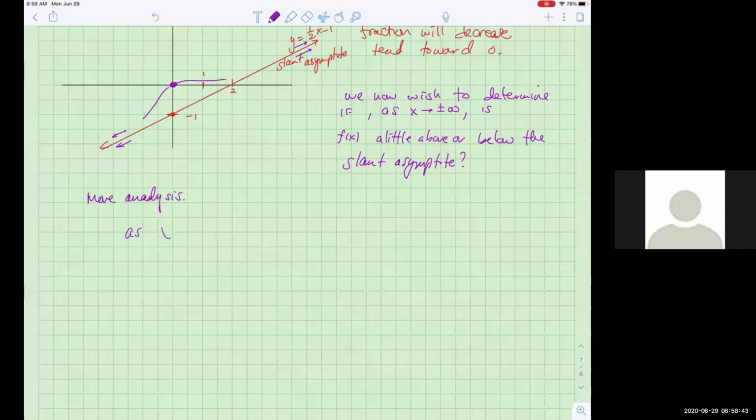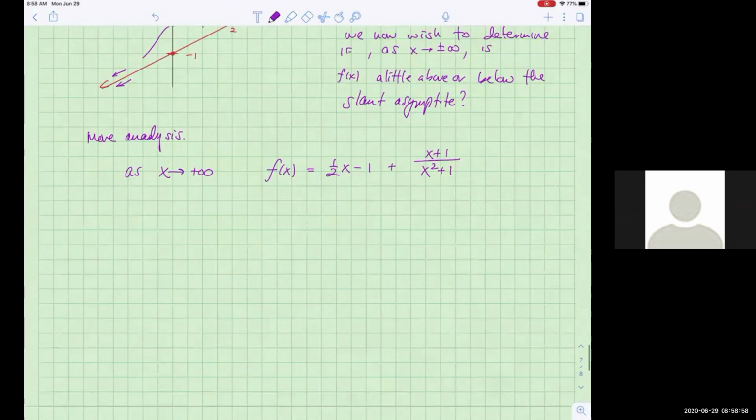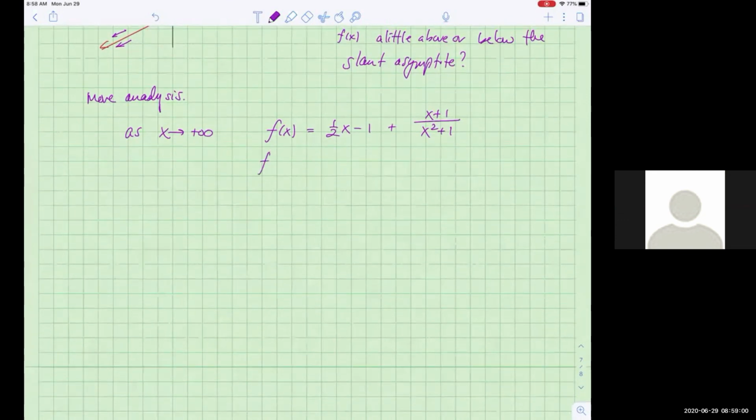As x approaches positive infinity, f of x is equal to 1/2 x minus 1 plus this remainder of x plus 1 over x squared plus 1. And f of x approaches 1/2 x minus 1 plus 0.